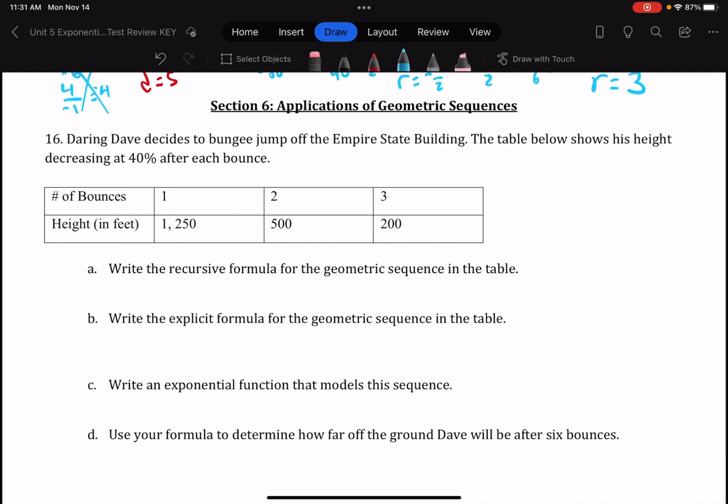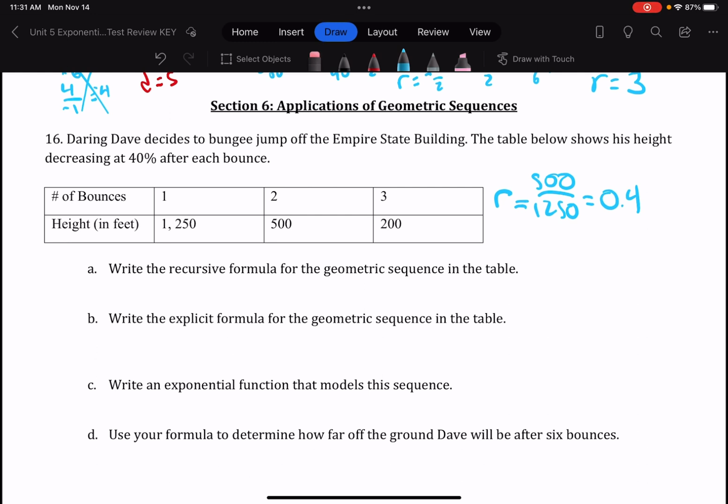Well, even though it told us that it's decreasing by 40% each bounce, we can find our r value by doing 500 divided by 1,250. And when I take 500 and divide that by 1,250, that does give us an r value of 0.4.